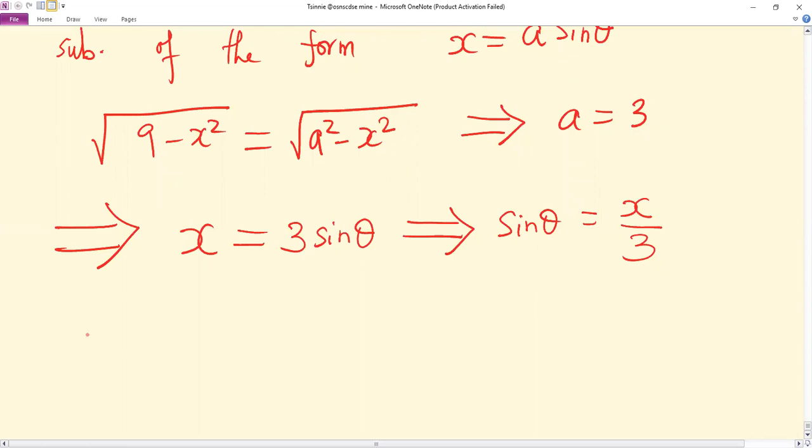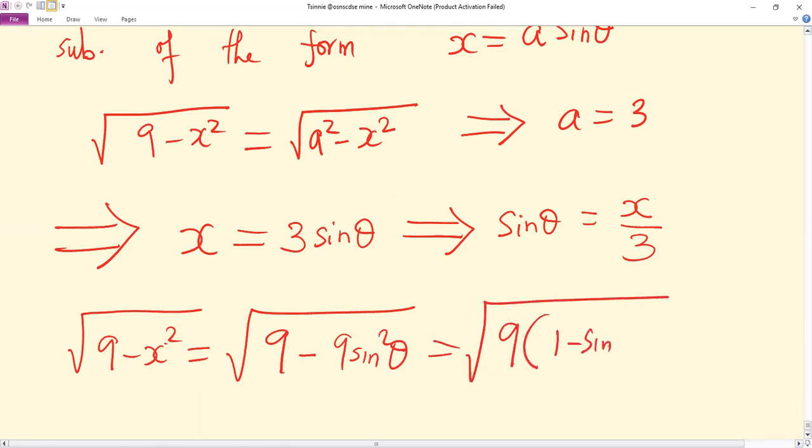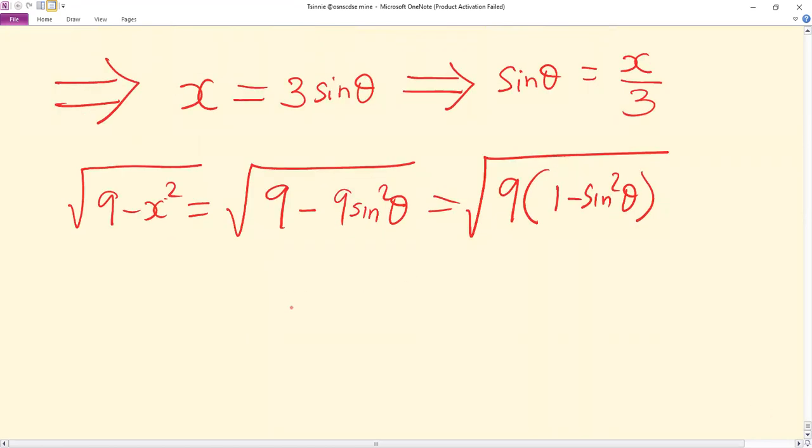Now, let's see. The square root of 9 minus x squared, squaring 3 sine theta, is 9 sine squared theta, which is the same as 9 into 1 minus sine squared theta. And we know 1 minus sine squared is cos squared. So this is the square root of 9 cos squared theta, which is 3 cos theta.